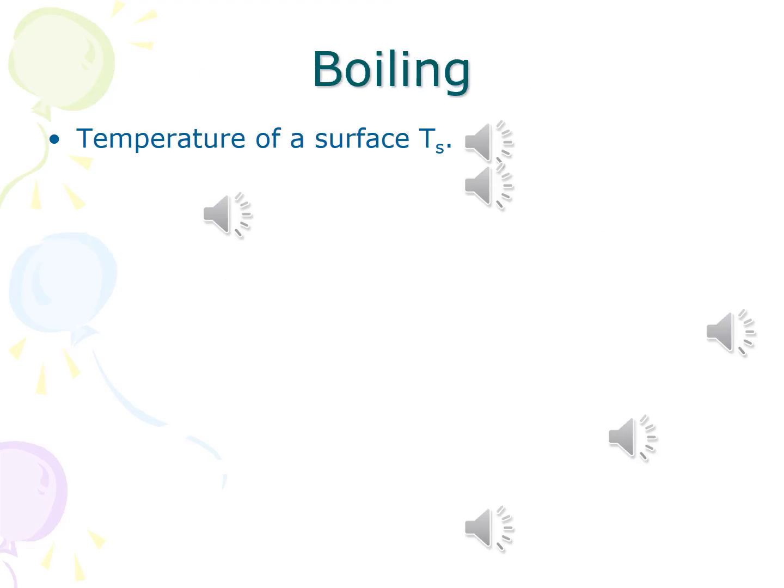The surface involved in transferring heat to liquid during boiling has a temperature of T_s. The temperature of the boiling liquid can be taken to be the saturation temperature at the given pressure, or T_sat.